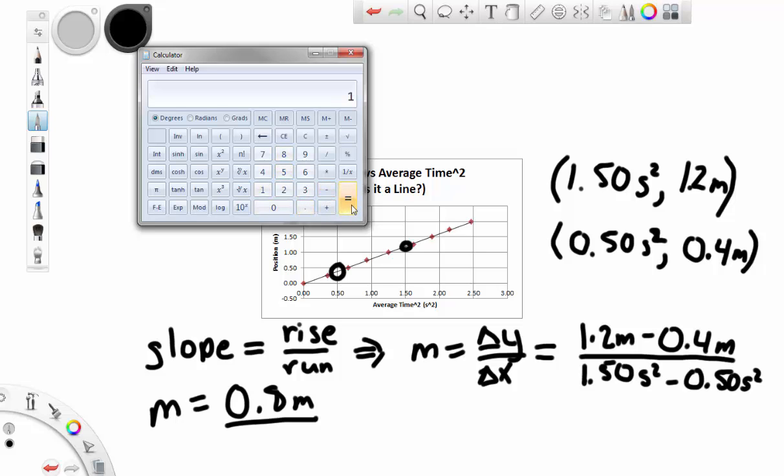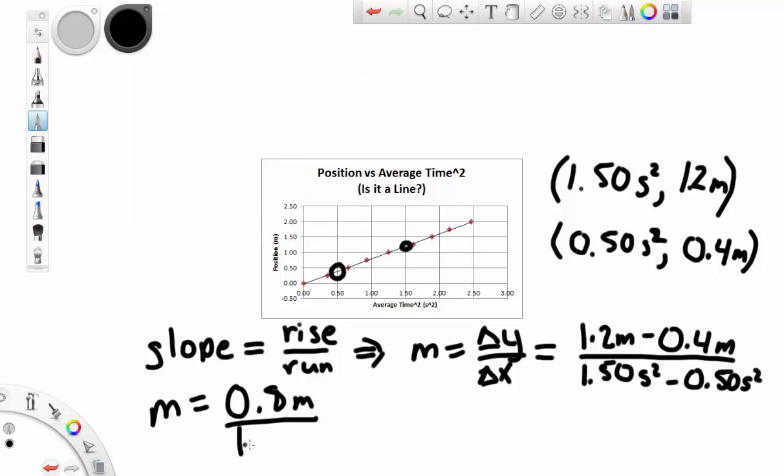And so it's going to be 0.8 over 1.00 seconds squared. And so that is 0.8 meters per second squared. So now I have the actual slope for my line of best fit.